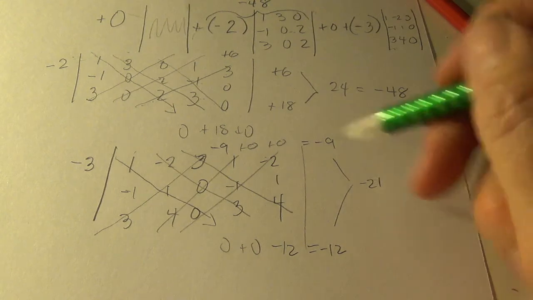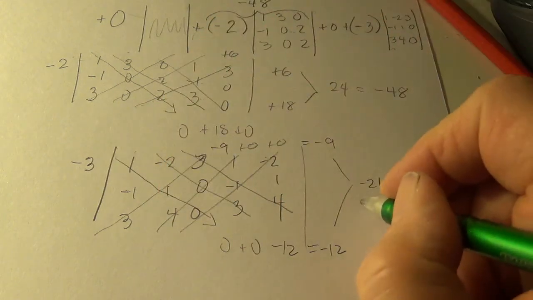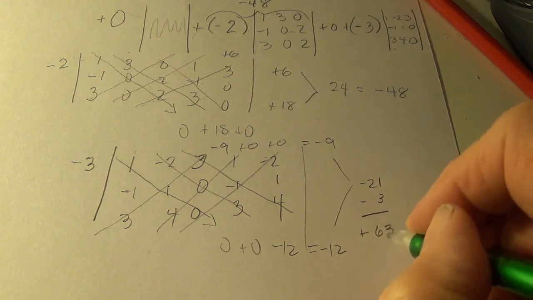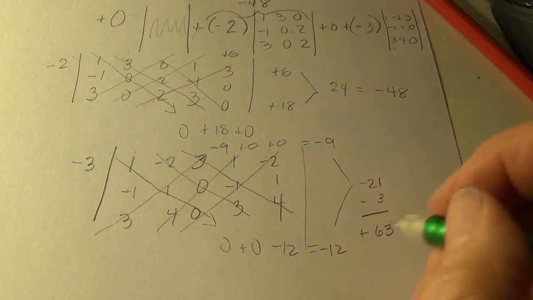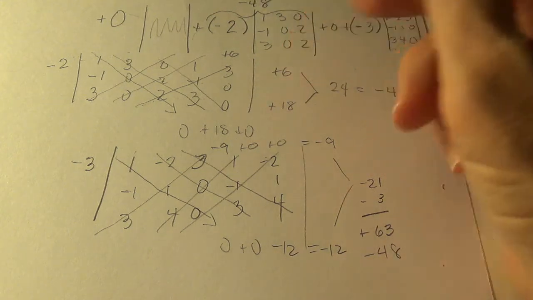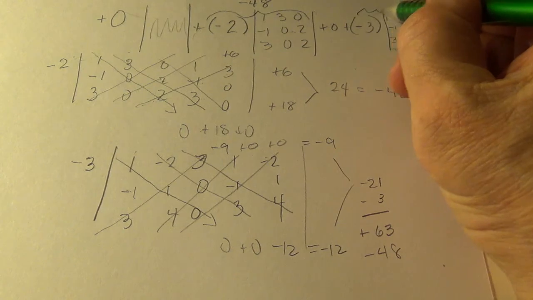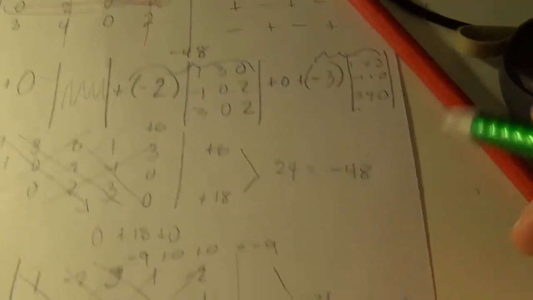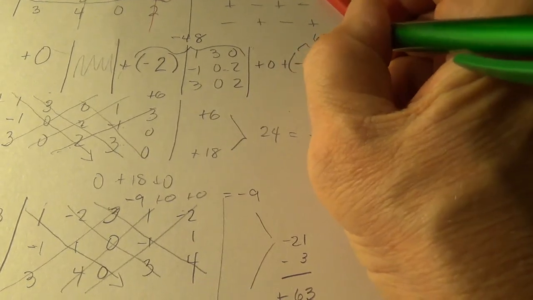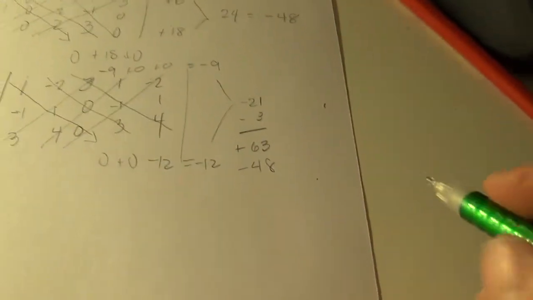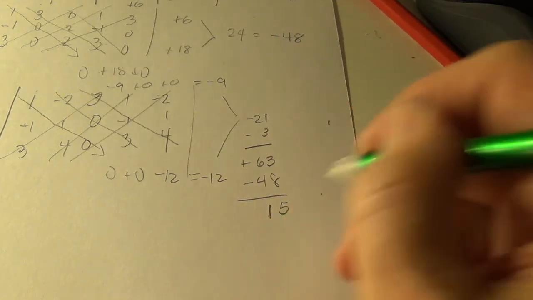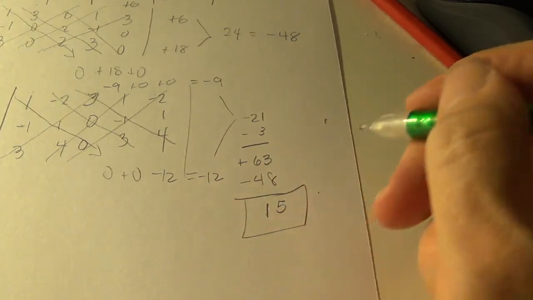So I have to multiply that by a -3, and I get a +63. And I add that to the -48 from here. This was -48, and this together came out to be the 63. So what's 63 and -48? Just working that out right here. 15. Okay, it worked for me this time.